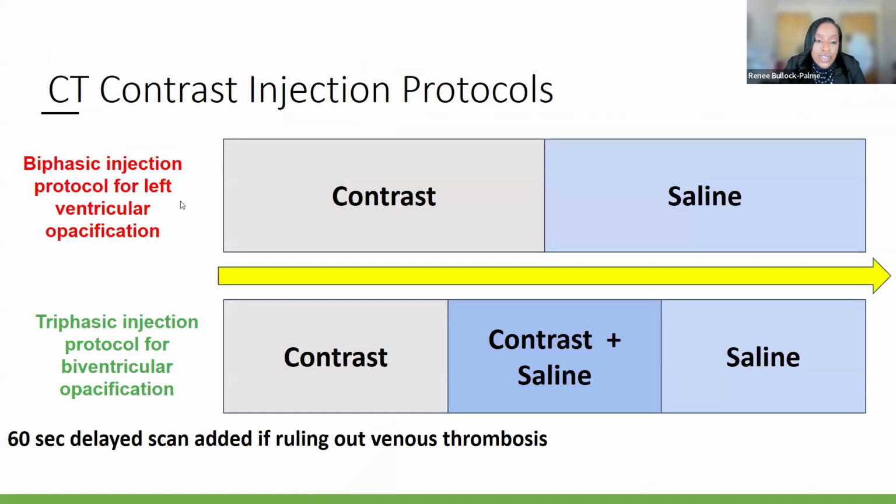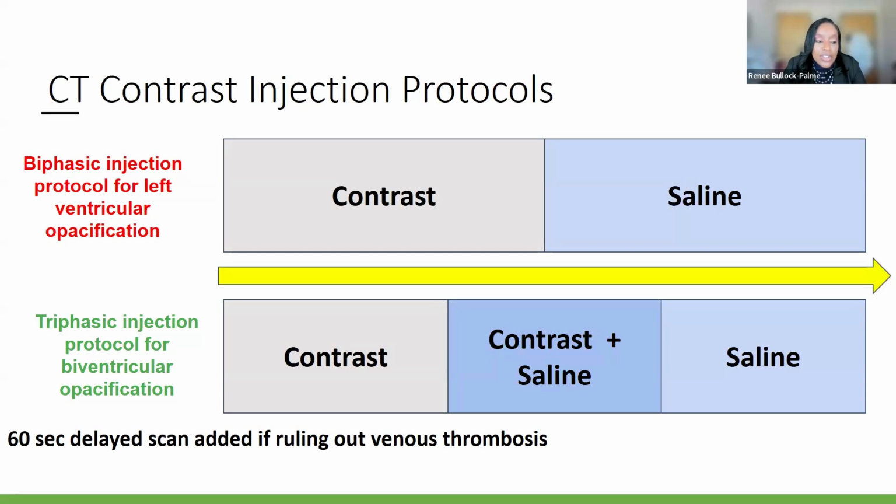Now, the contrast injection protocol is very important. So normally when you're just doing a plain coronary CT to look at the coronaries, usually the biphasic injection is what's used, because you're focusing on the left side of the heart to opacify the chambers and the coronaries. But usually with these congenital patients, because you also are interested in what's happening on the right side of the heart, you want to make sure that the right side is adequately opacified.